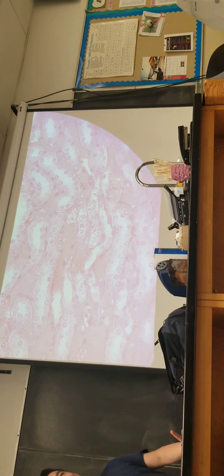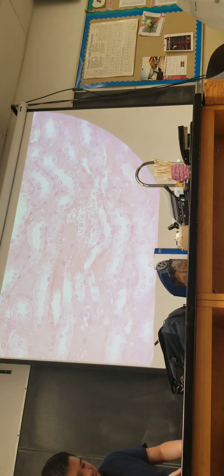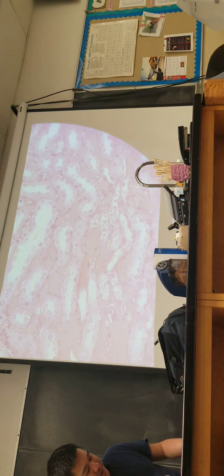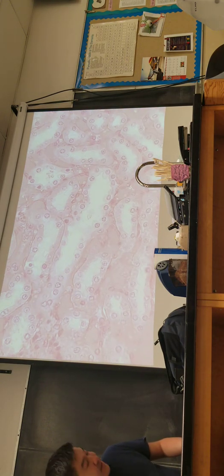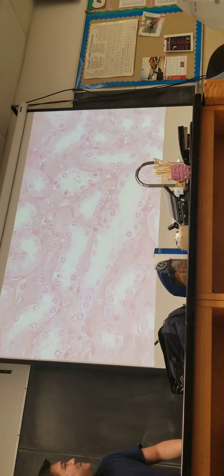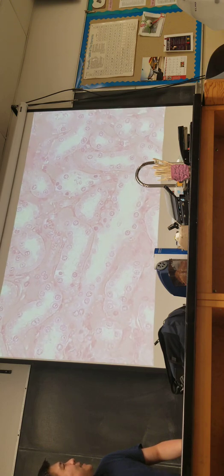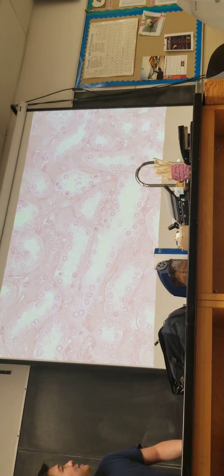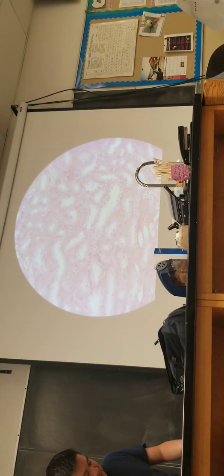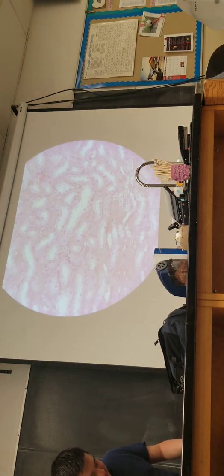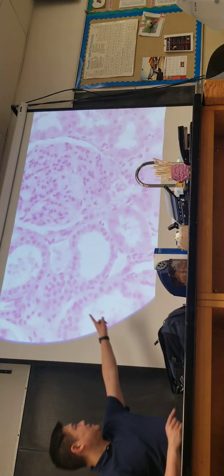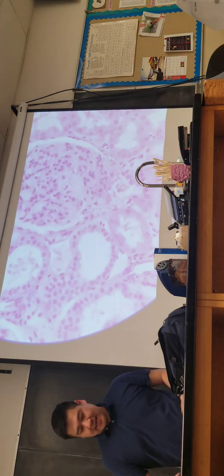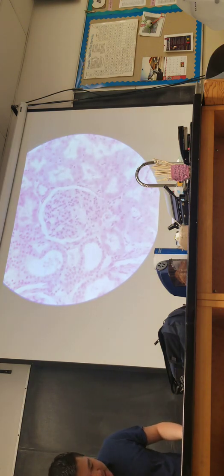The nephron loop. So nephron loop is good enough. And then what about that one? Those could be two or three things, but if there's fuzzies inside of them, proximal or distal convoluted tubules. I don't think I found a really good collecting duct, but this biggest one could be a collecting duct.